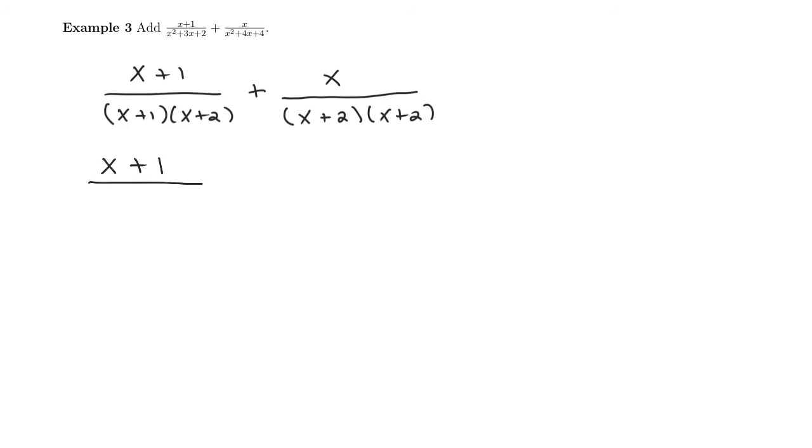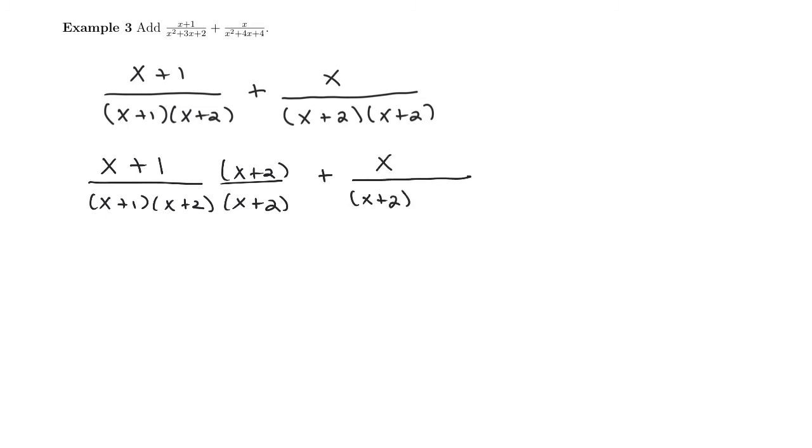The denominator I'll leave as x plus 1, and there's an x plus 2. It's just that I need another x plus 2. And for the second fraction, let's see, I have x plus 2 and x plus 2, but I need an x plus 1. So now I do have common denominators. In fact, a least common denominator.